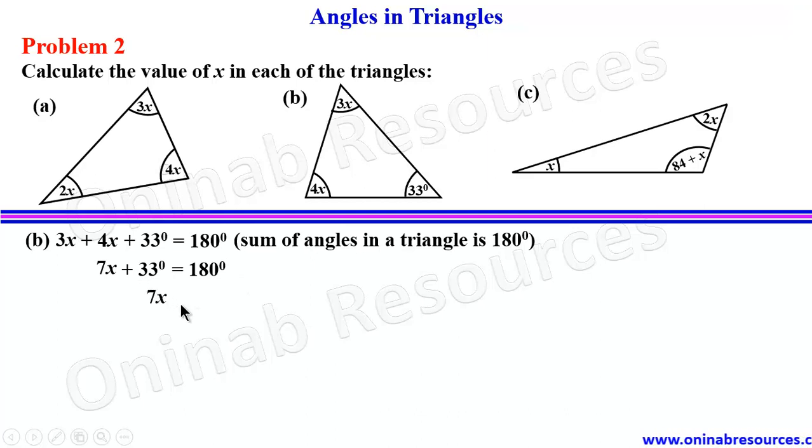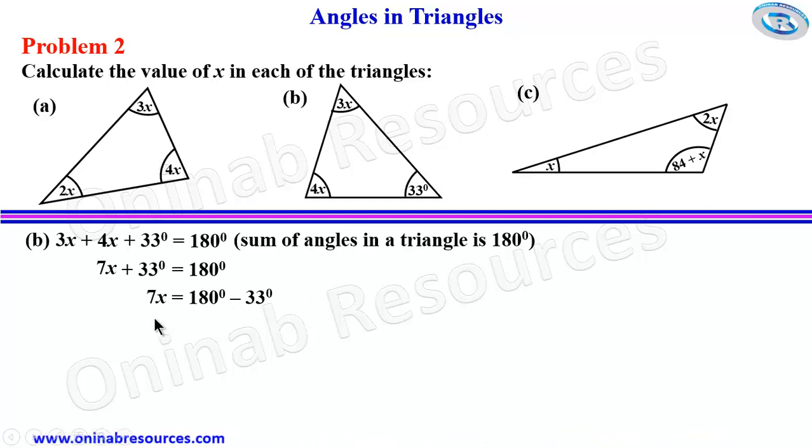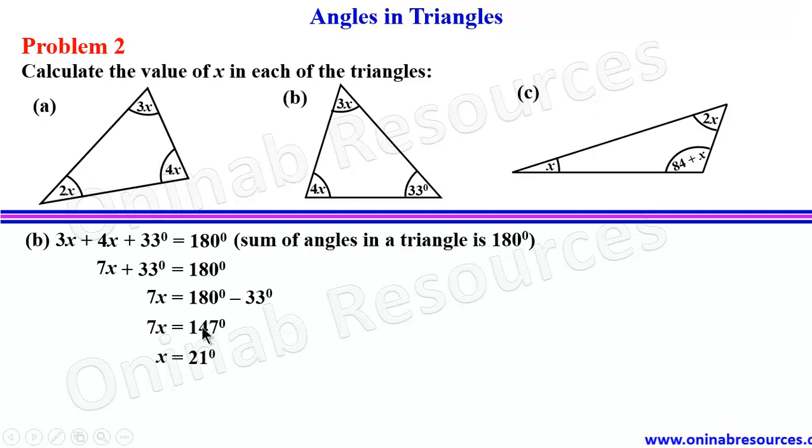I have 7x is equal to 180 degrees minus 33 degrees. Then we have 7x equal to 147 degrees. Dividing both sides by 7, I have x equal to 21, because 7 goes into 14 gives 2, and 7 goes into 7 gives 1. And that's all for problem 2b.